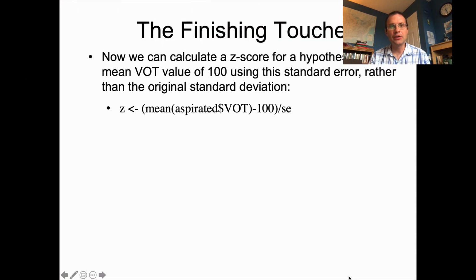Okay, and so what do we do with that? We can now calculate a z-score for a hypothesized mean VOT value of 100 using the standard error rather than the original standard deviation, because we care about the standard deviation of the sampling distribution, not the sample standard deviation. Sorry, not the population standard deviation, I meant the sampling distribution standard deviation, which is called the standard error.